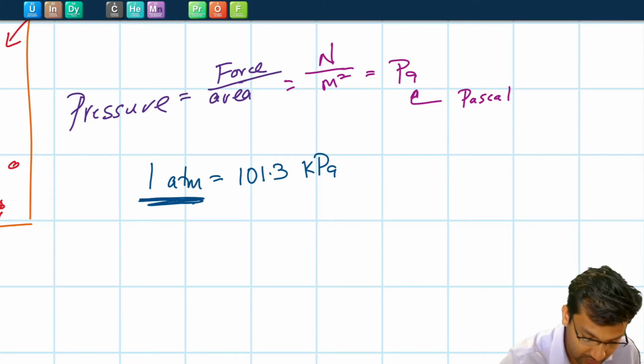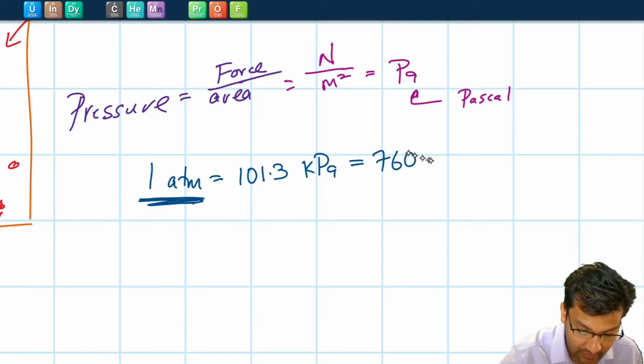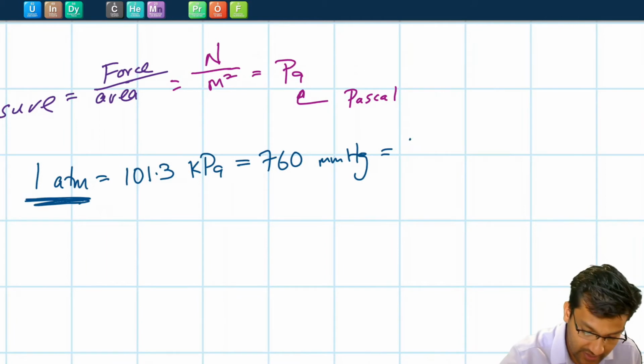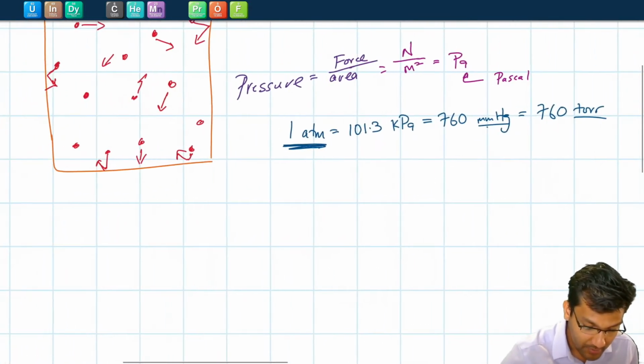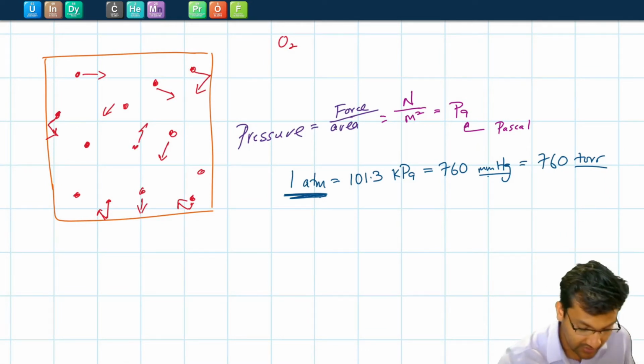So this is the unit of pressure that we most often use, and that's about 760 millimeters of mercury, which was used in old-timey thermometers, which is about 760 torr. Millimeters of mercury and torr are the same thing. So those are some units of pressure that I thought I'd mention to you. But they come from the force that the molecules exert as they hit the walls of the container.